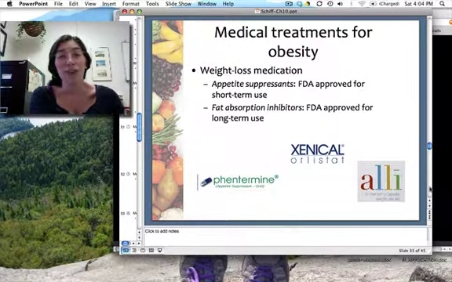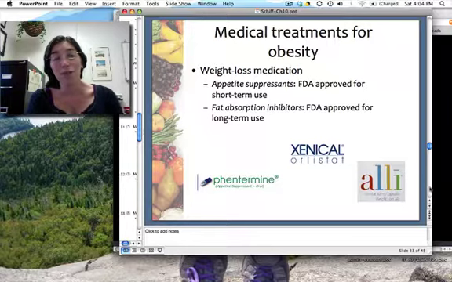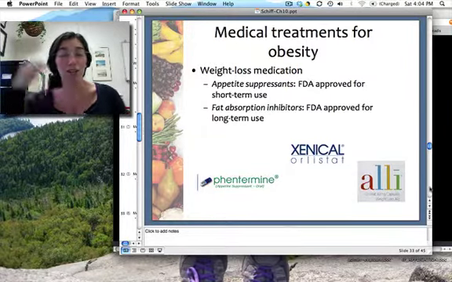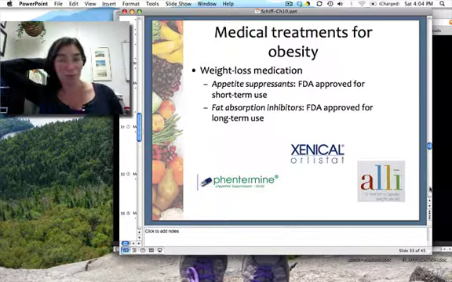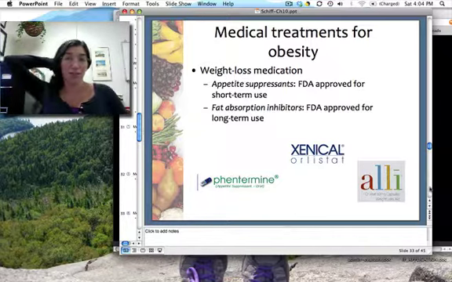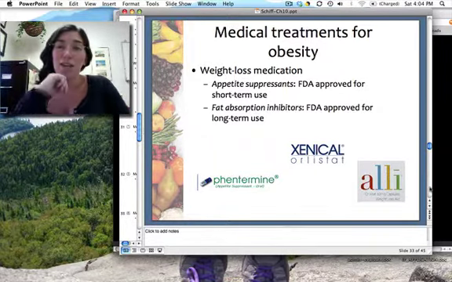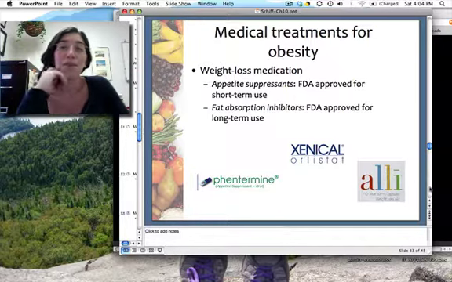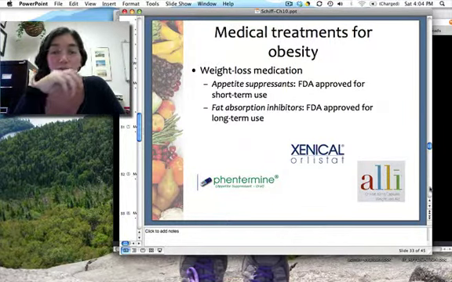So in addition to diet and exercise, there are medical treatments for overweight and obesity. The first type of medical treatment is weight loss medication, which can come in two different forms. You have appetite suppressants, some that are FDA approved, but they're really only FDA approved for short-term use.